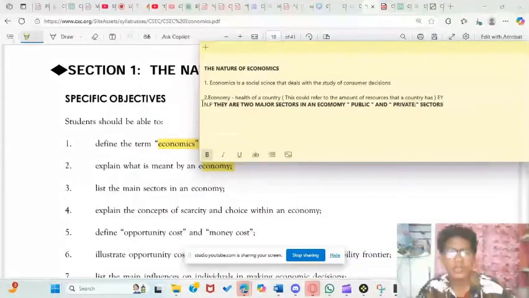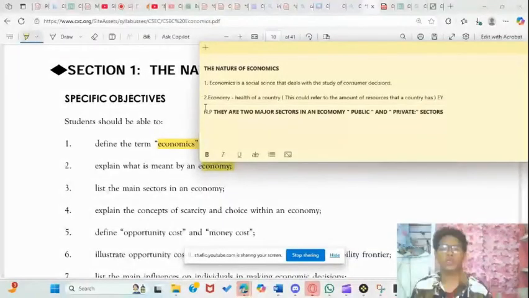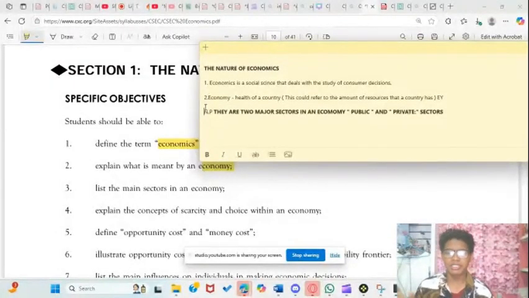There are two major sectors in an economy, inclusive of the public and private sectors. Public sectors are owned by government officials, while private sectors are owned and controlled by private individuals. So there's a big difference in that regard.